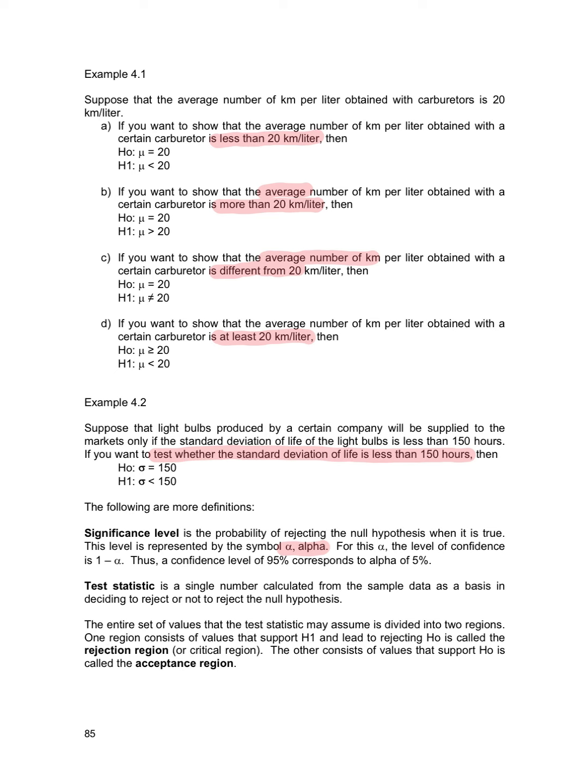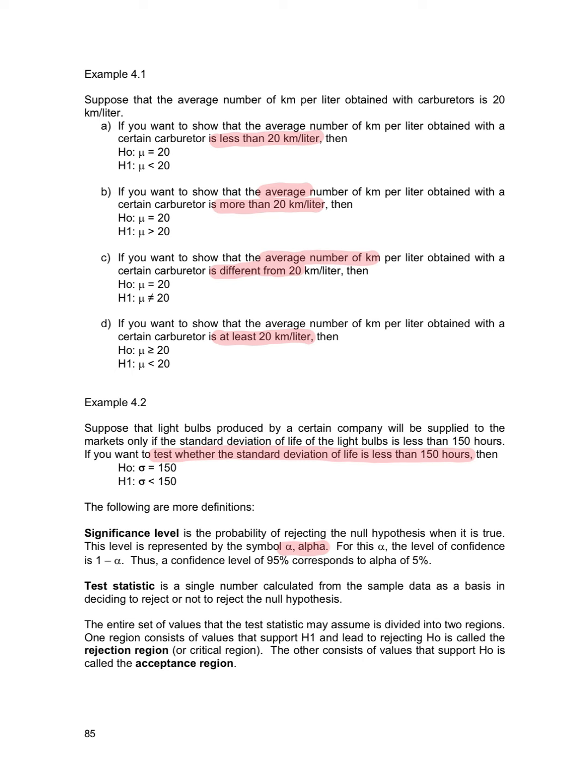Next term, test statistic. A test statistic is a single number calculated from the sample data as a basis in deciding to reject or not to reject the null hypothesis. If you remember, when we did the topic of estimation, we had the t-test, the F-test, and also the z-test, right? So they will be used here again in the hypothesis testing topic.